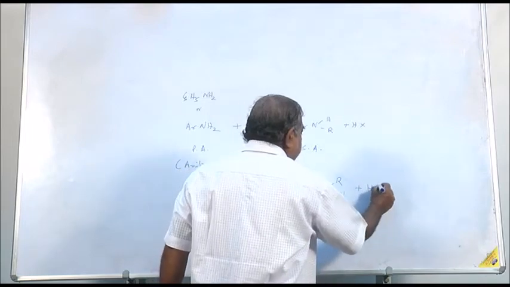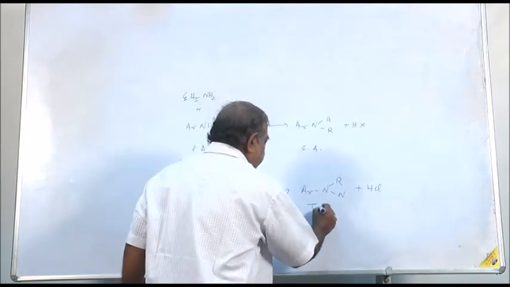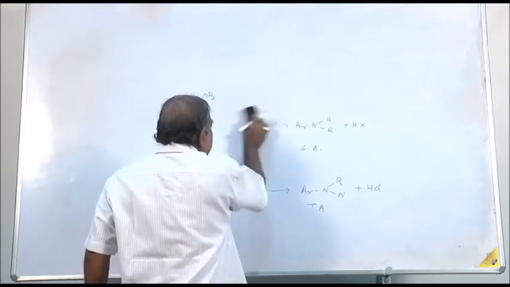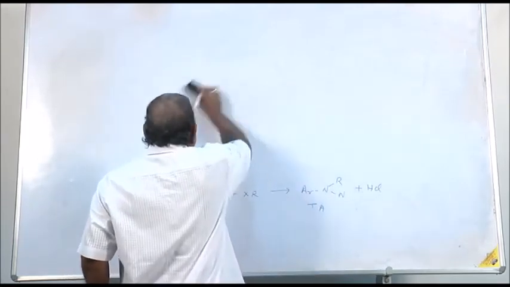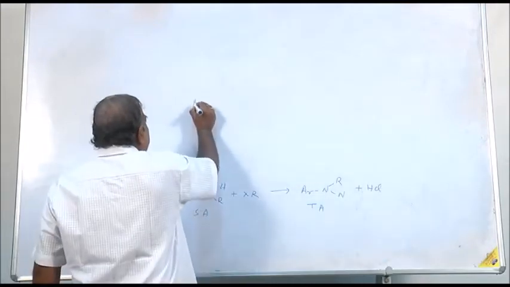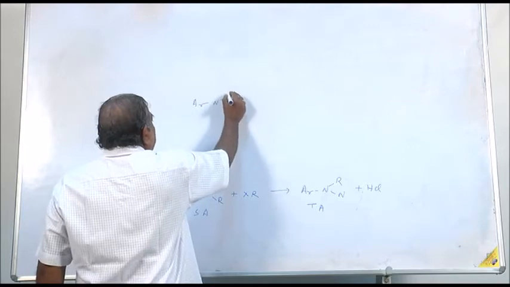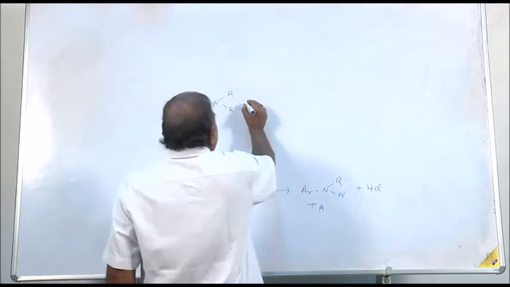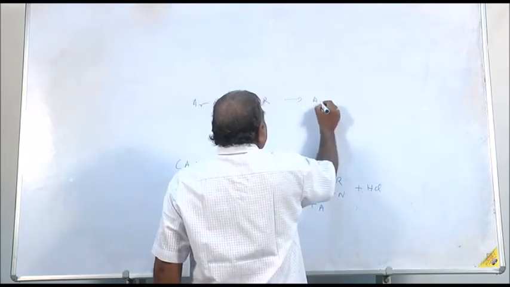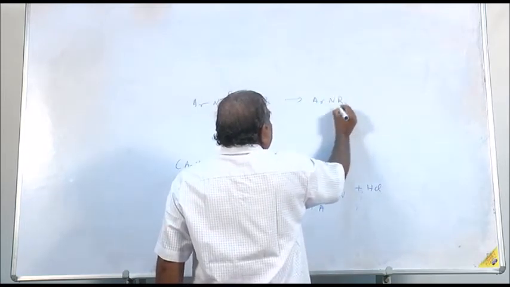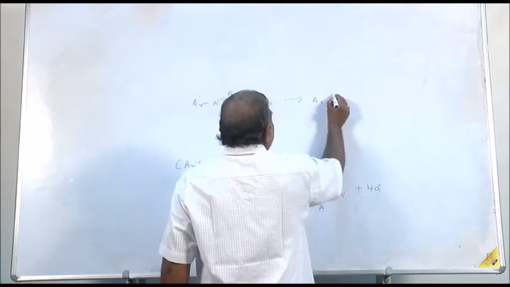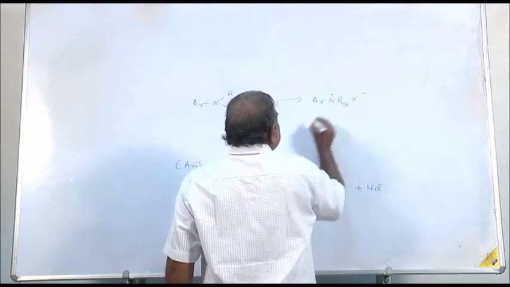plus HX, tertiary amine. As already we have seen in connection with aliphatic amines, tertiary amine again will form an addition compound with alkyl halide, will form ARNR3 plus X minus. There are already two, now another one.